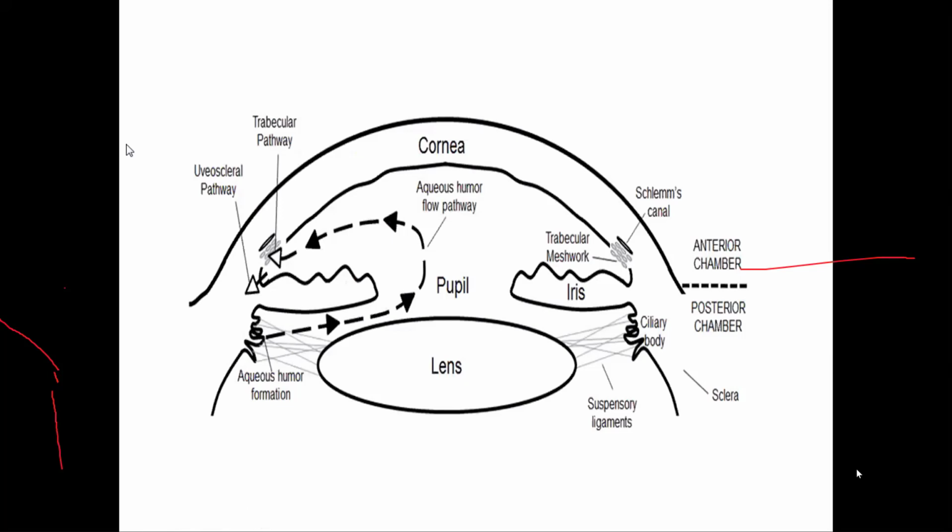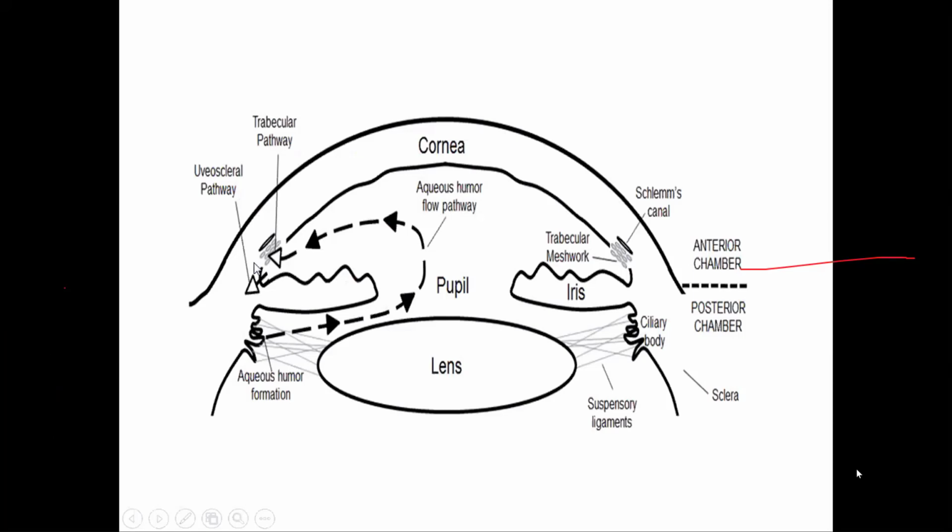After production, it is moved towards the anterior chamber via the pupil. In the anterior chamber, there are two major pathways for drainage. One is the trabecular pathway, in which the canal of Schlemm is responsible for draining 90% of the aqueous humor.